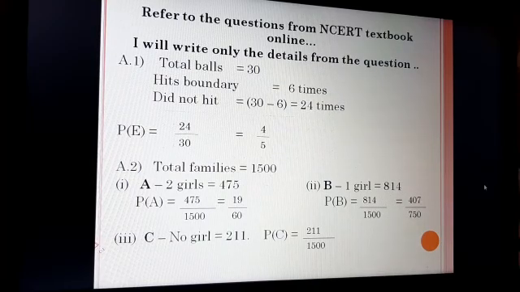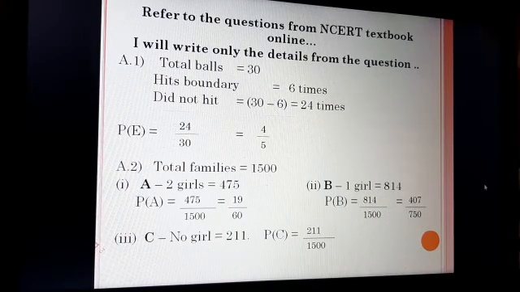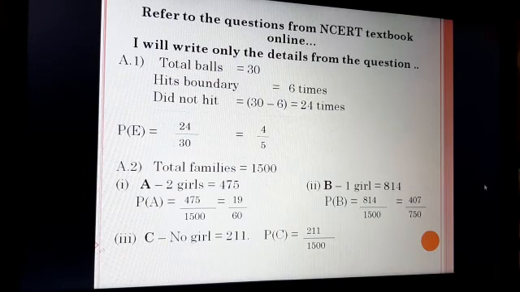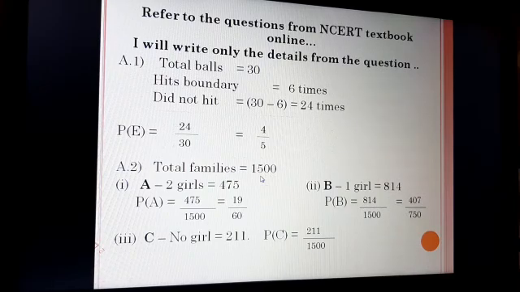Okay, the second question. In that, a table was given with the number of girl children in a family with 2 children. A is where both children are girls, B is where only one child is a girl, and C is where there is no girl child. The numbers are already given in the question; just see how to write and solve the sum. Here the total families are 1500.